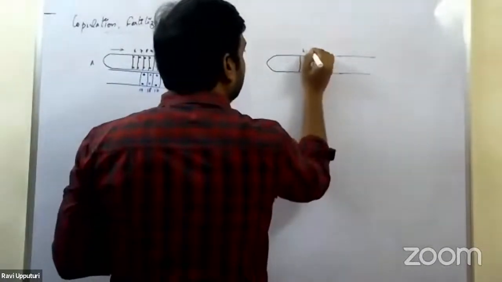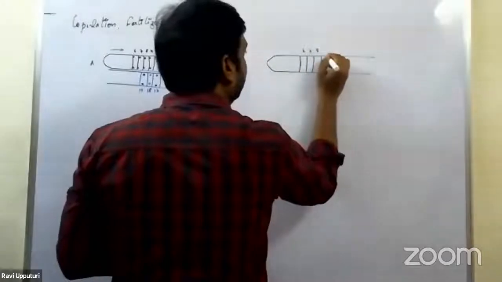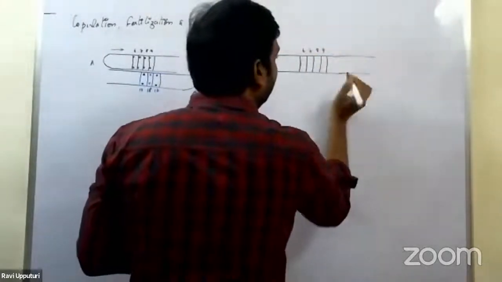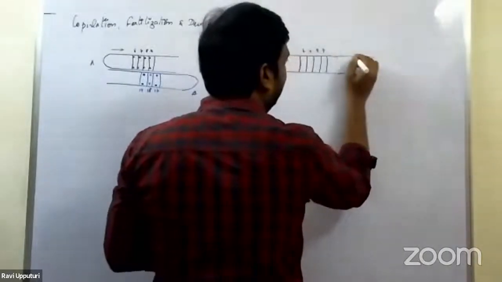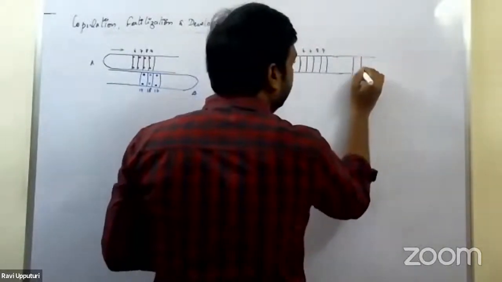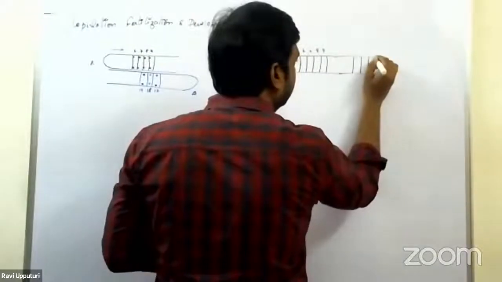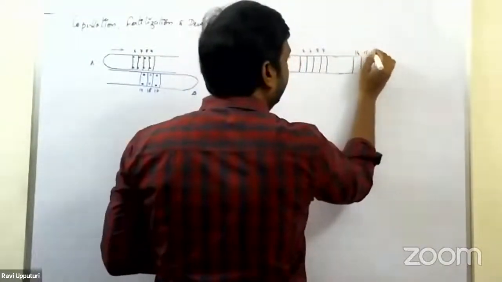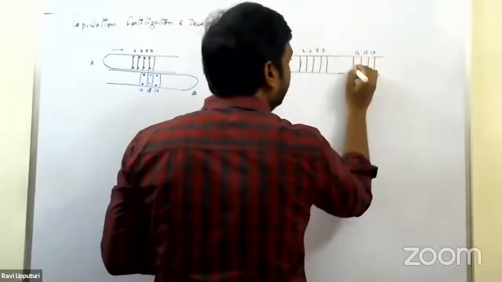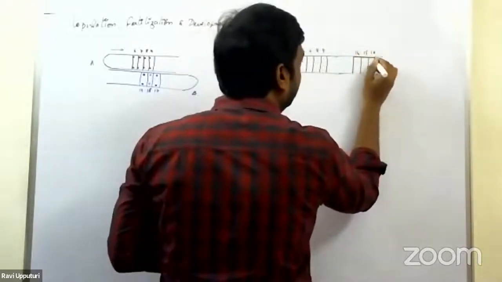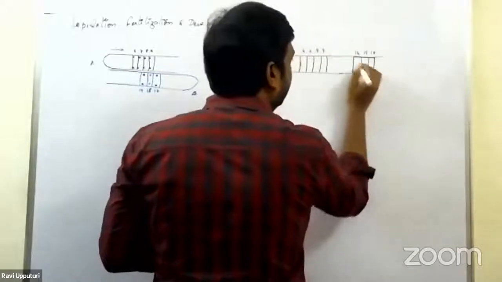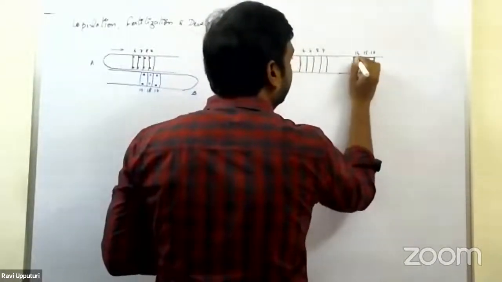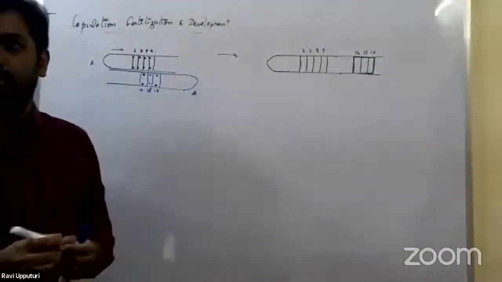And then let's start drawing the clitellar segments. I'm not drawing everything here. So this would be 14, 15, and 16, the clitellar segments that are present.